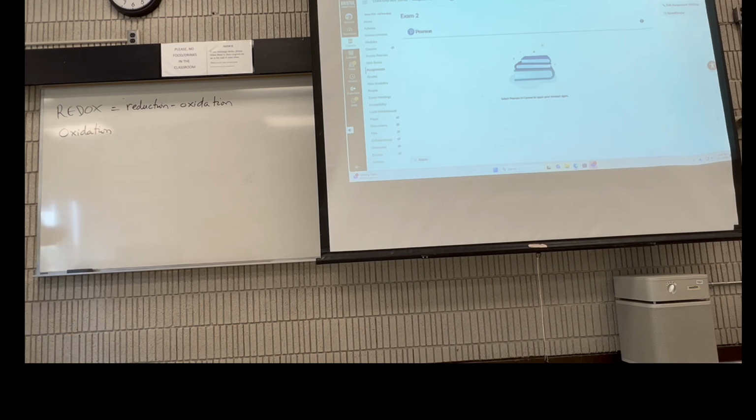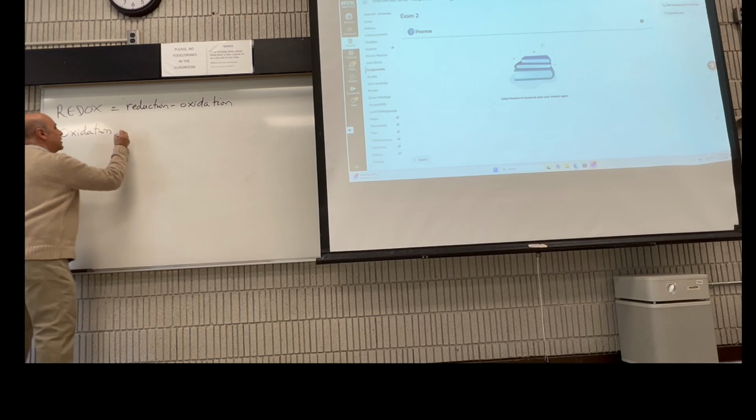So oxidation and oxidizing are the same thing. It means that something has transformed the iron from one type of ion to another type of ion. Sounds like a tongue twister. But in a definition dealing with electrons, this is how we define it.